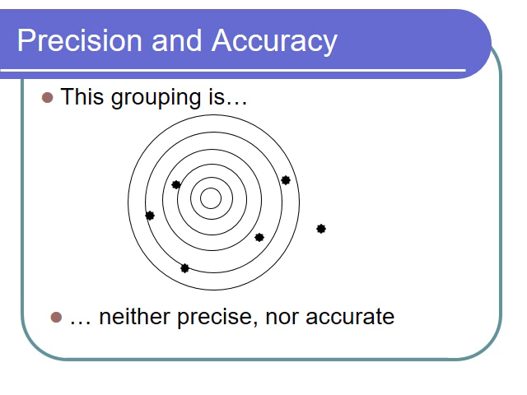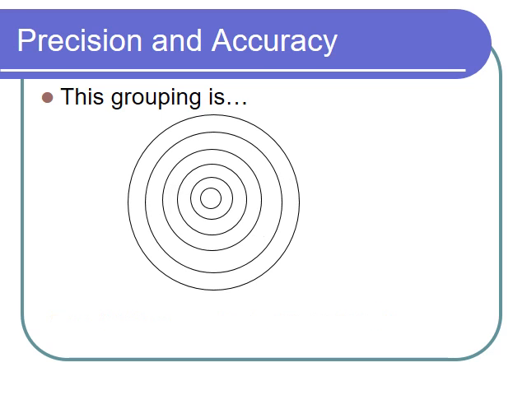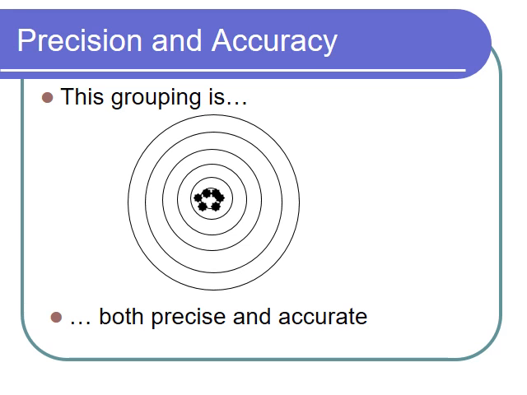The shots are all over the place, and none of them are near the center of our target. Our final grouping is both precise and accurate, very close together, very near the center of our target. That's how we view measurements.